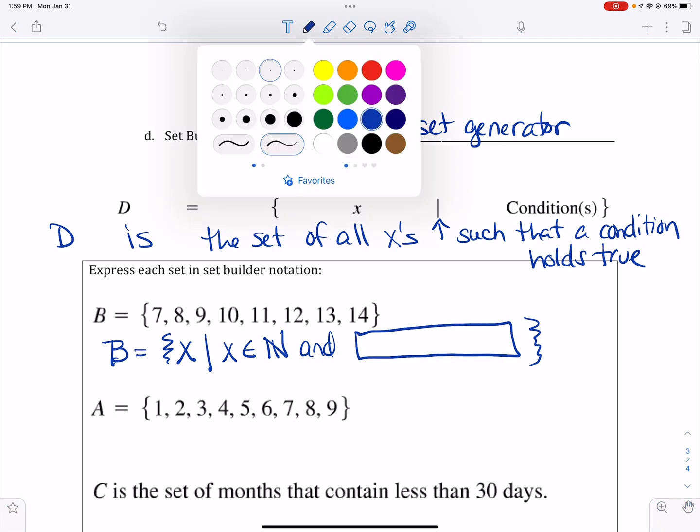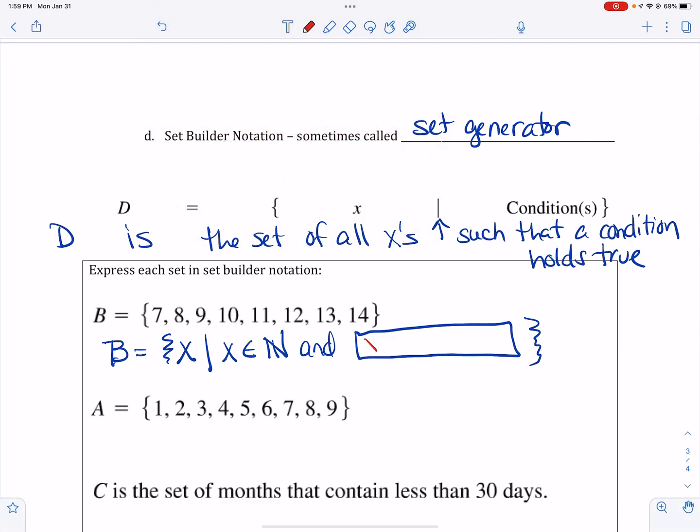So one way to write that is x is greater than or equal to 7 and x is less than or equal to 14. You may also write it like this, which we haven't really talked about, compound inequalities, but either way is going to be a valid way of writing that relationship, okay?